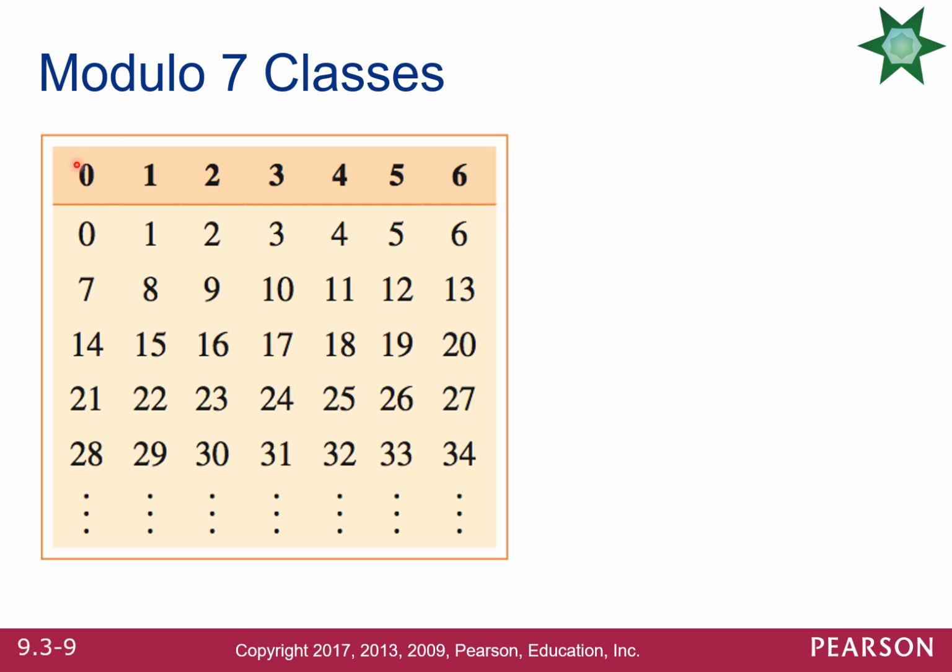What they've listed here on the top row are all the possible values of the remainder. And inside the table, all the other numbers are the numbers which, when divided by 7 in this case, will yield that remainder.